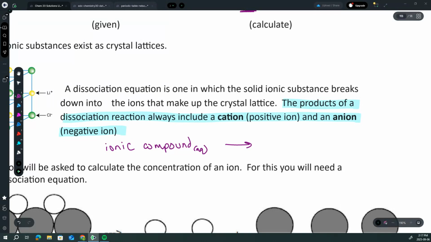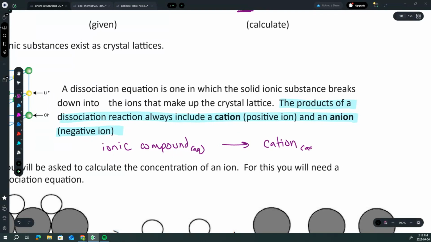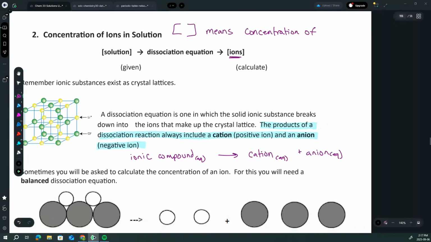It breaks apart into the cation that makes it up, which is in the aqueous state because ions are always aqueous, plus the anion. It doesn't matter if you write the anion first or the cation first, so long as you have the correct cation and anion. Now keep in mind, for dissociation equations, you only ever get two products. If you are writing more than two products, you are doing something wrong with your dissociation equation.